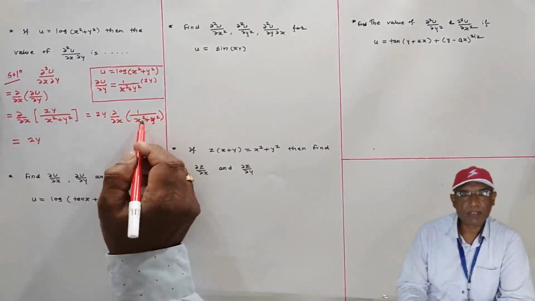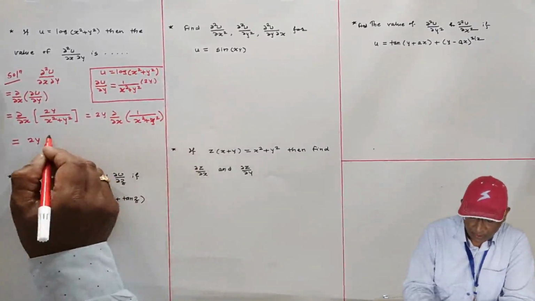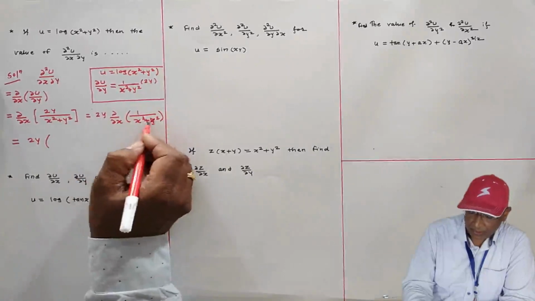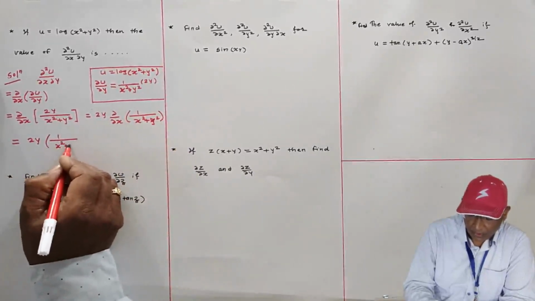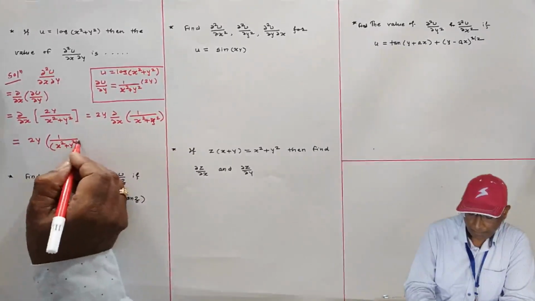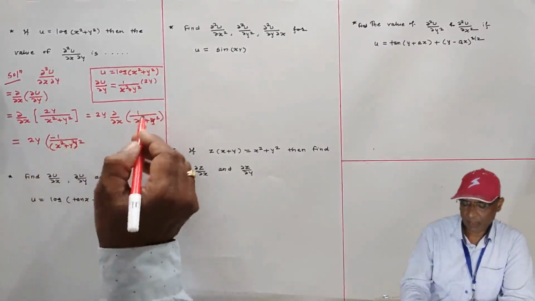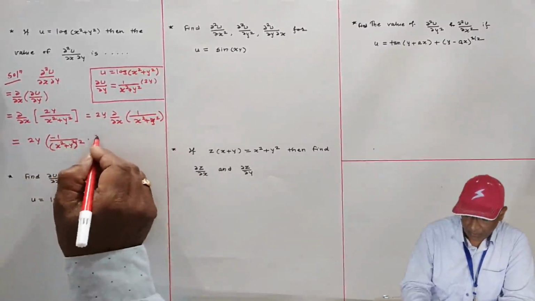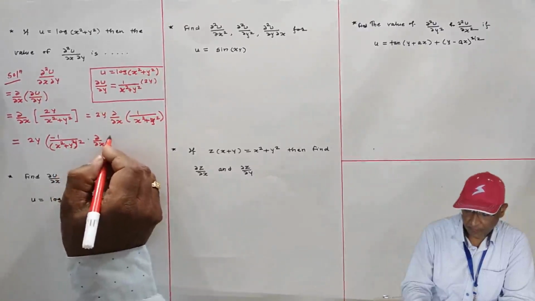The derivative of 1 by z with respect to z is what? Minus 1 by z square. Like that, the derivative of 1 by variable is what? Minus 1 by denominator square, with the minus sign, multiplied by the derivative of the argument again.